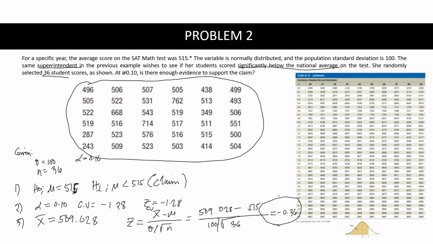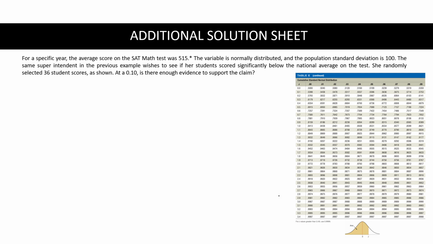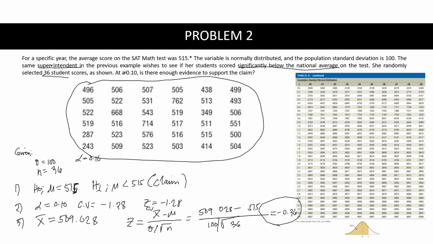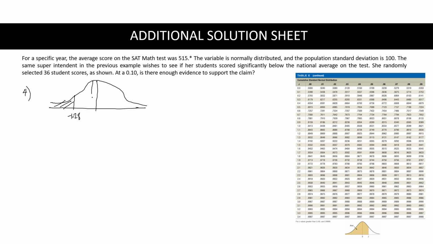The next step is we have to make a decision. So fourth step, we have to draw a standard distribution, a graph here. Since our z critical value is negative 1.28, and the result of our test value is just negative 0.36 here.